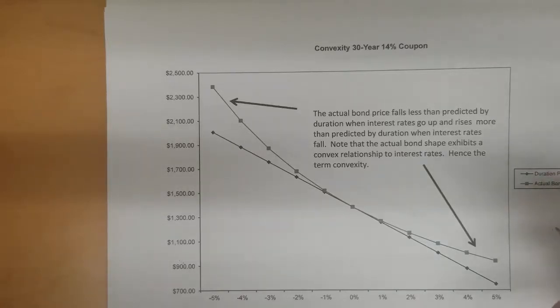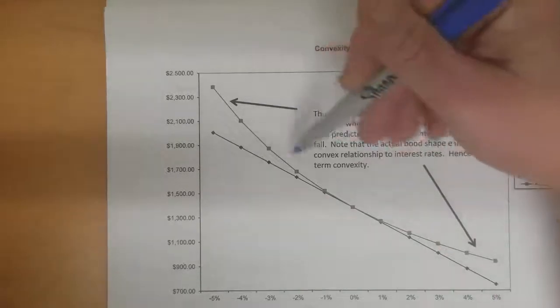It isn't a perfect proportional change. In fact, if you look at the way the price moves with the different changes in interest rate, the relationship between bond price and interest rate is actually nonlinear. It's convex.